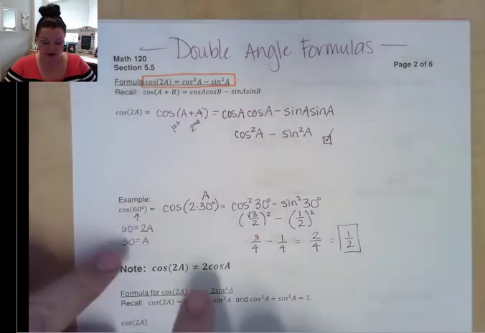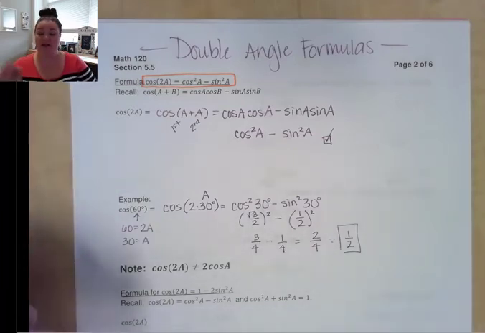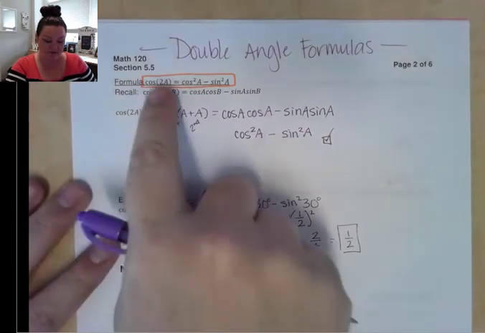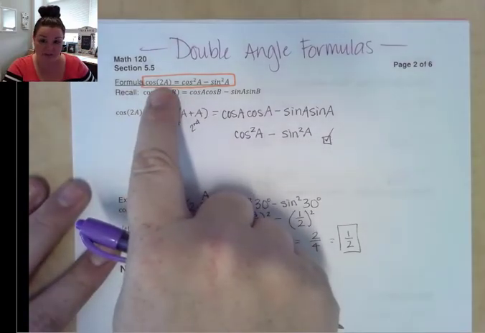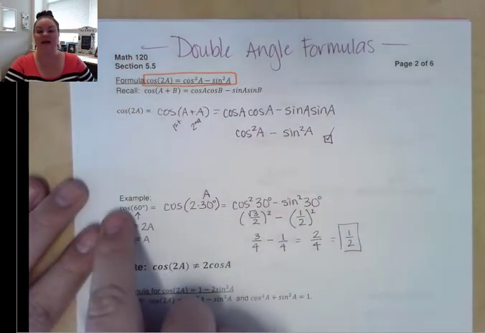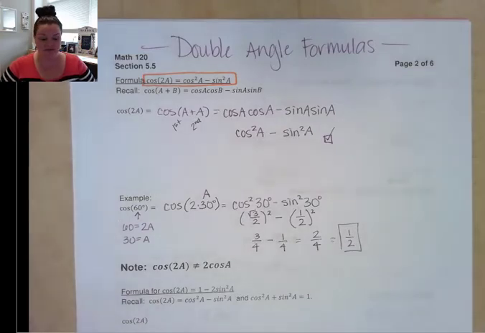So if I wanted to find cosine of 15 degrees, we could figure out that's half of 30 degrees. So that's where we're headed, but we can't get to those formulas without first coming up with a double angle formula. So again, proving that it's true and then verifying with an example that it is a valid way of finding these trig function values.